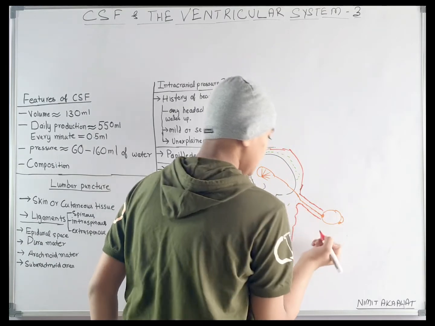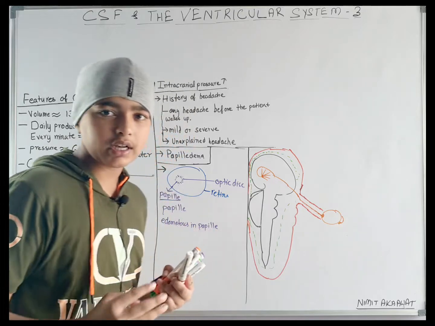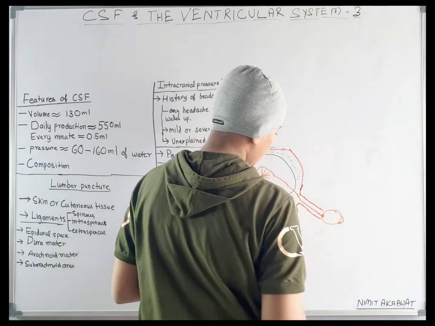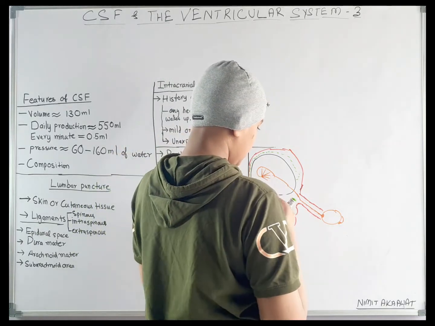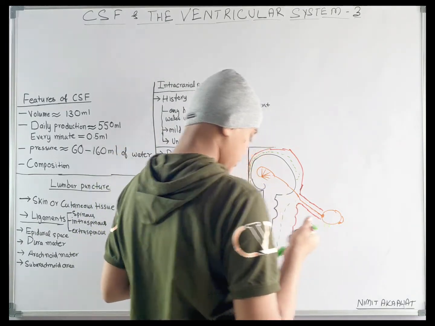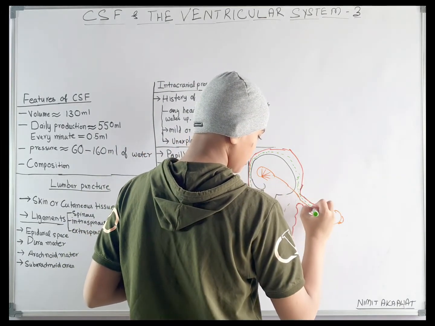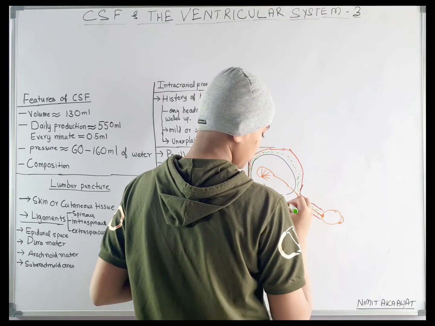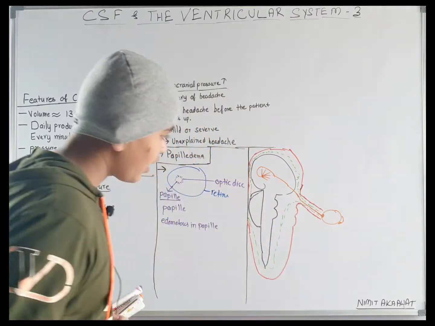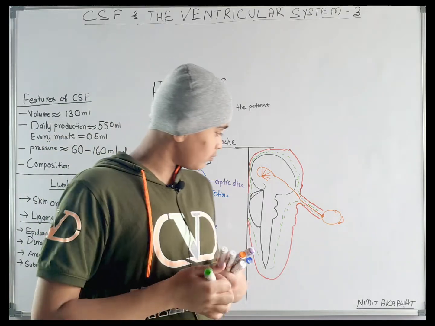So this is a layer of dura mater, and because all the three meningeal layers are covering our optic nerve, CSF also follows these three meningeal layers and covers our optic nerve. Now here is a very important point.